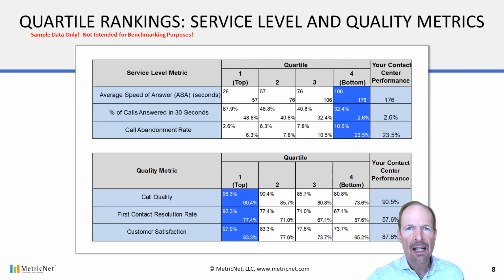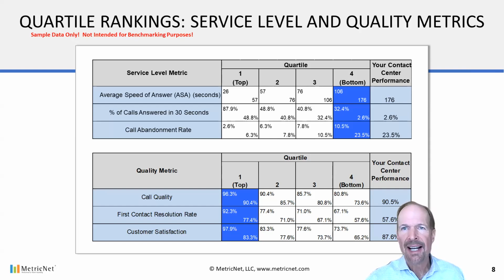The cells that are highlighted in blue represent the quartile performance for Contact Center XYZ, the contact center being benchmarked. As you can see, all the service levels for Contact Center XYZ are in the 4th quartile, the bottom quartile, while all of the quality metrics are in the top quartile, the best performing quartile.